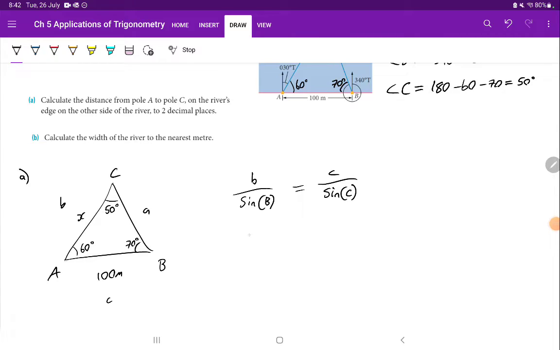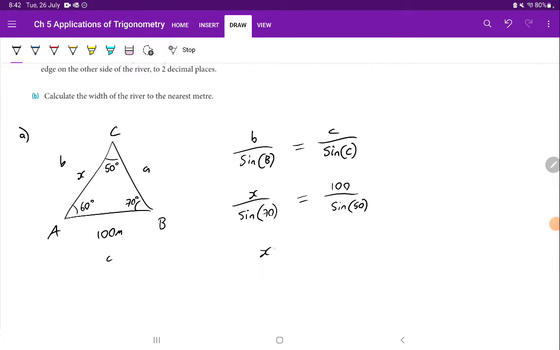Substitute everything in that I know. X over sine 70 is equal to 100 over sine 50. Rearrange to find X, so that means times both sides by sine 70.